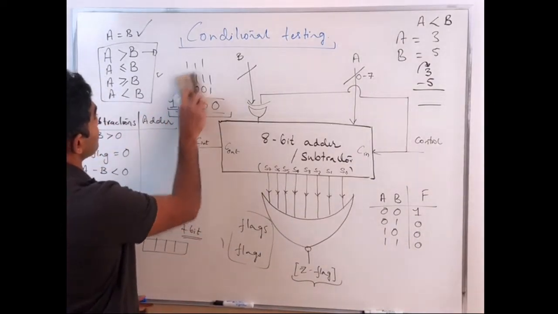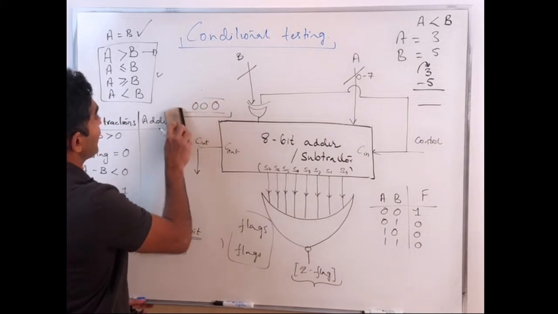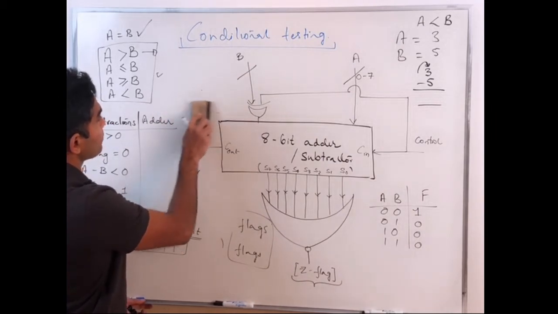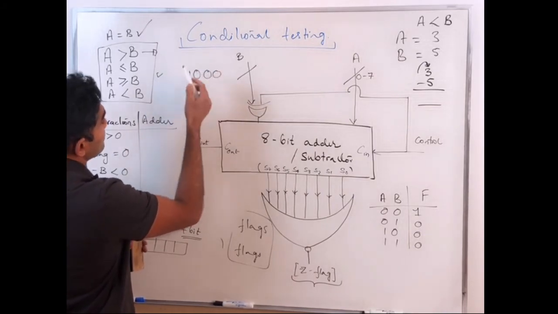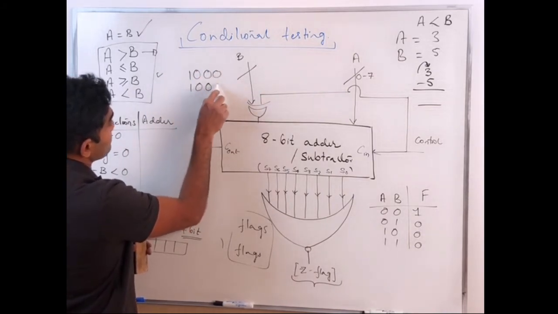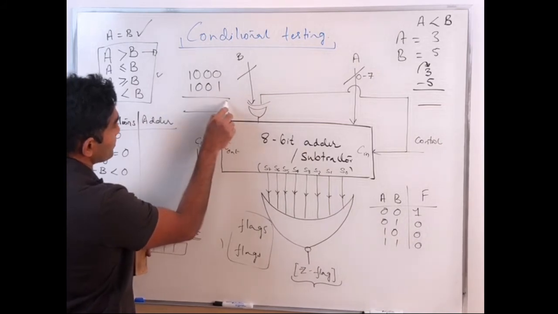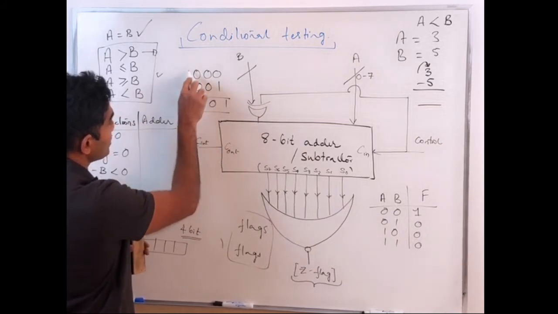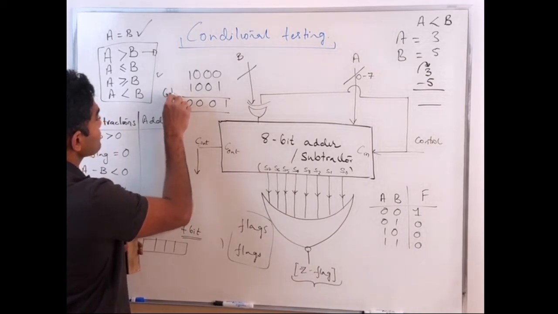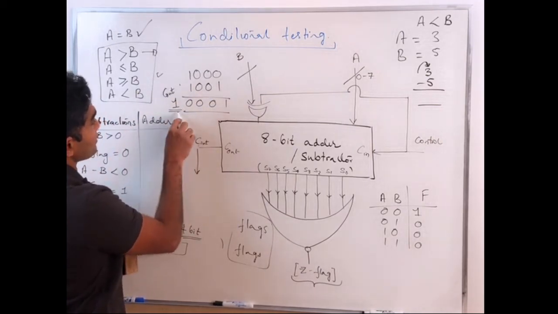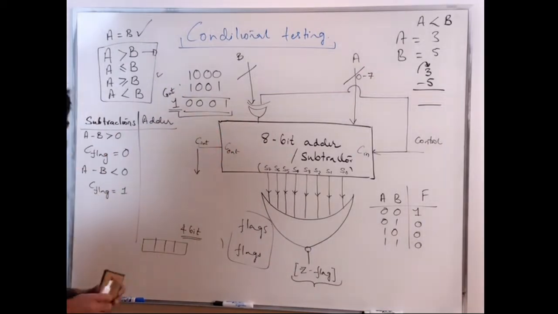This is basically C out. You can take another example. Let's say I'm trying to add 8 and 9 together. It will be 1, 0, 0, 0 and 1, 0, 0, 1. 1 plus 1 is 0, and I have a C out. This is the right sum, that is 17.